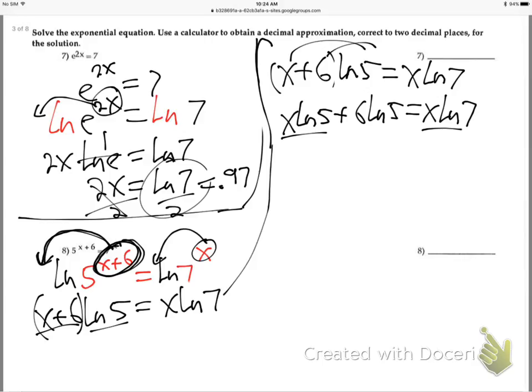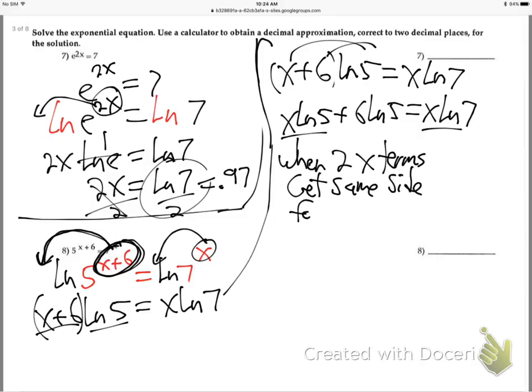What do you do when you've got three terms and a couple of them have x's? Get those two on the same side, factor out and divide. So let me write that. When two x terms, get them on the same side, factor out x and divide. So that's the game plan.